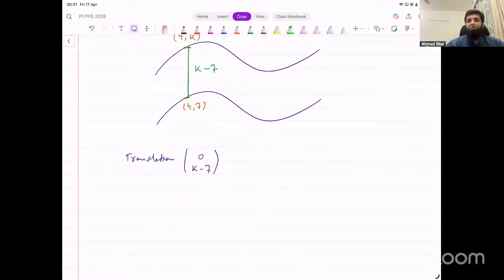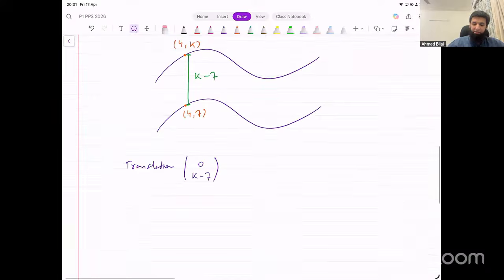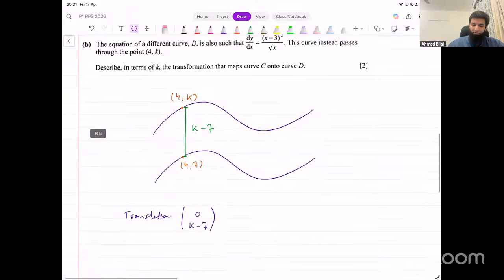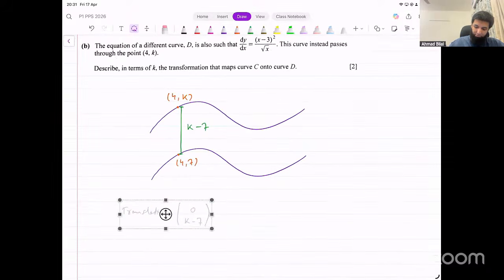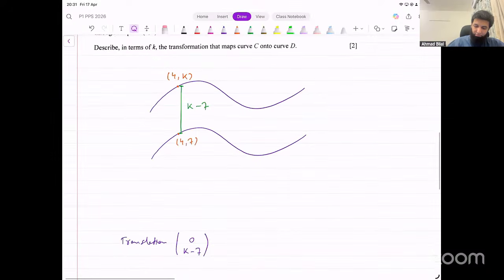Let's see what happens in that case. If k was smaller, the other curve would have been like this, right?